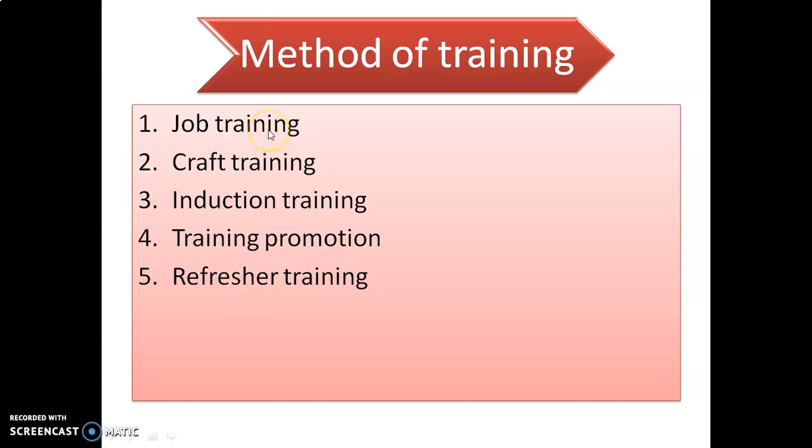Job training is to improve the occupational and professional skill of the candidate, and craft training means to improve the personal skill of the candidate. Induction training means to introduce new concepts or modern methods, and training for promotion and refresher training means to revise the occupational knowledge of the candidate.